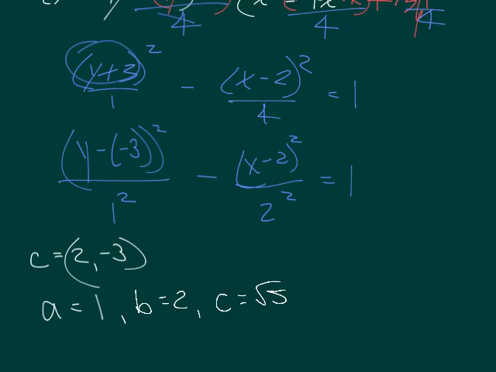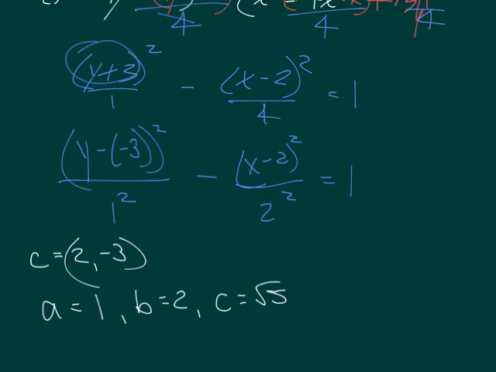Okay, so you can use the formulas on the top of page 549. And in this particular one, we're going to use the bottom one where the transverse axis is vertical, simply because my y is first. The formula says when the transverse axis is vertical, the y comes first. Then I can find my vertices, and then my asymptotes, and my foci.